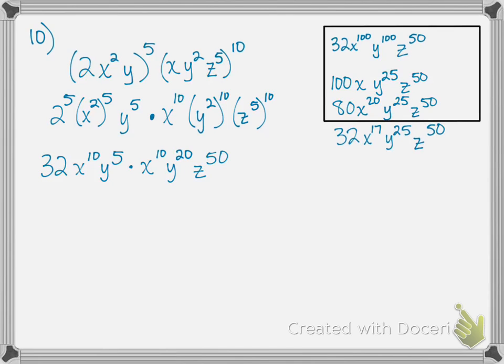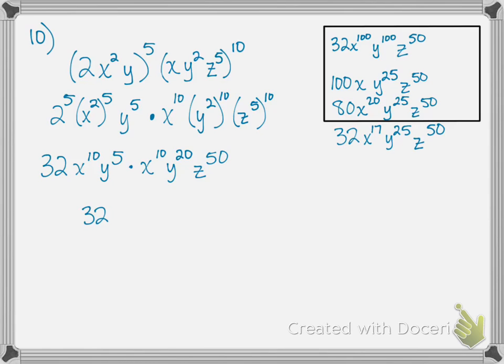All right, now when we move on to this next part of multiplying, the 32 is technically getting multiplied by 1, so I agree that we begin with a 32. We have to multiply x to the 10th by x to the 10th.